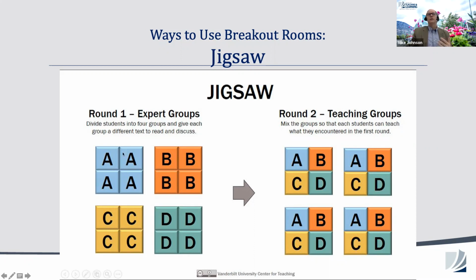They meet for a little while and make sure they all kind of have come to a consensus on what needs to be shared with the rest of the class. And then you put them into their jigsaw groups or teaching groups, where then a representative from each of the expert groups teaches their group what they learned as an expert group. And my students tend to love that activity. I try not to overuse it, but they really tend to love that.